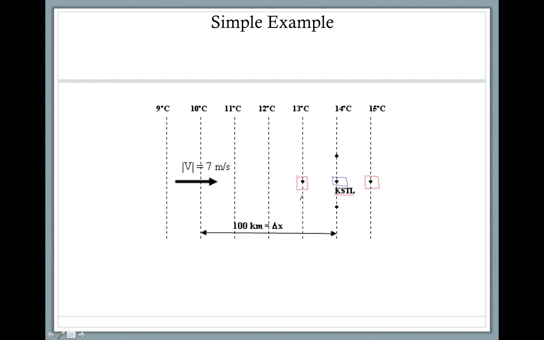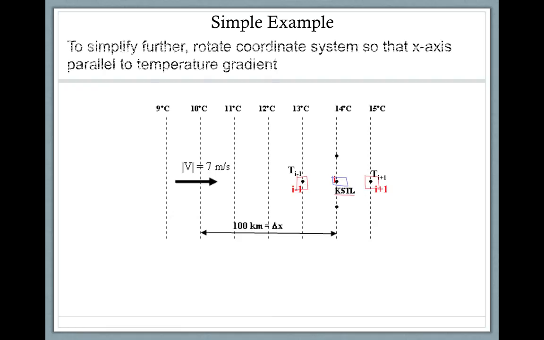And so our centered finite differencing is going to use the two on either side to predict the blue box, using our 7 meters per second and our grid spacing for our prediction. So we see i minus 1 and i plus 1 for our different places.